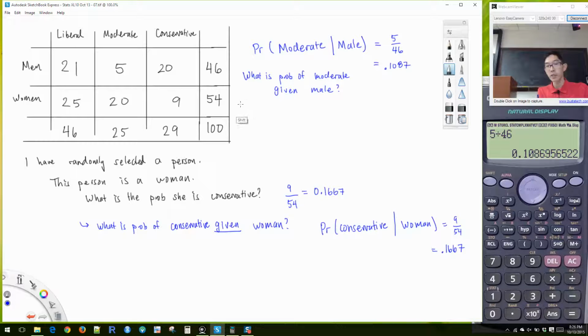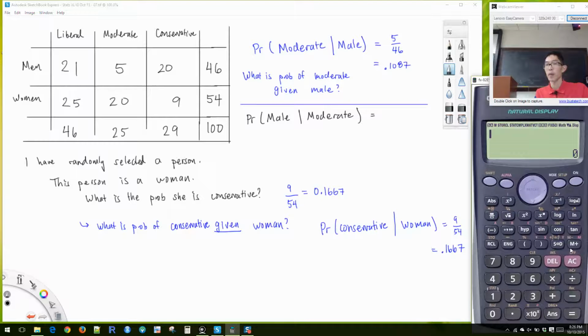Okay, now distinguish this from, I'm going to write this, probability... so what's the difference here?